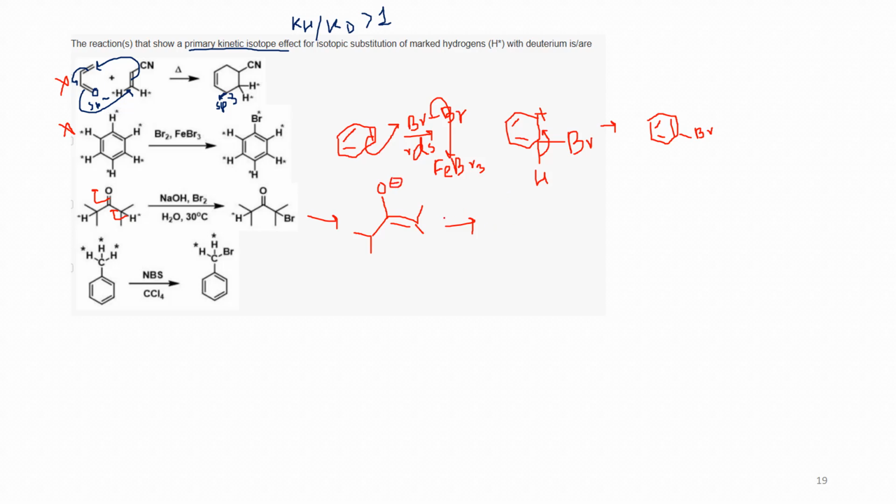As there is Br2, this comes here, and this takes one bromine, and from that we get our desired brominated product.